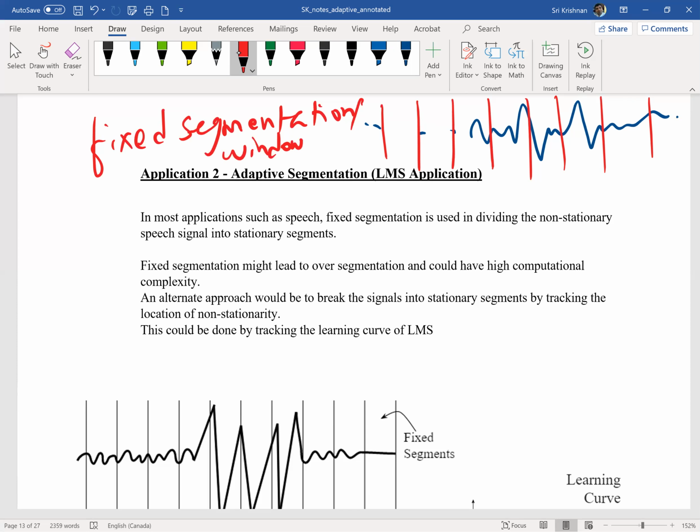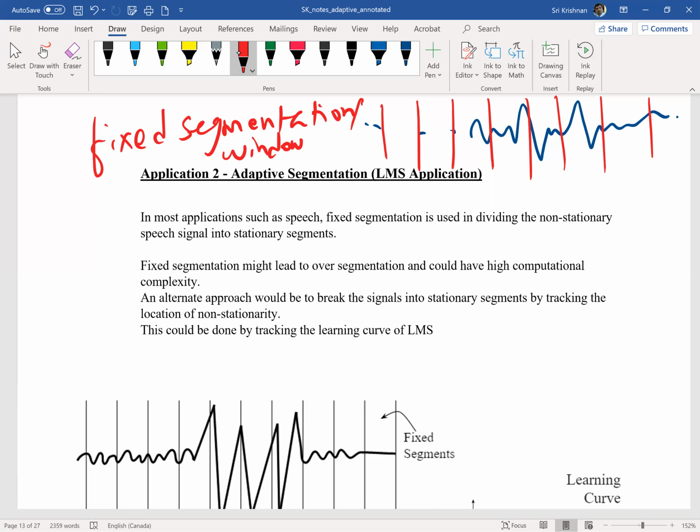It's possible that in a biomedical signal, the characteristics of the signal are not changing rapidly, for example, in sleep or even in longer term ECG monitoring, there may not be a lot of events of interest happening on a very frequent basis. So with fixed segmentation, you're basically overdoing the task. You're over-segmenting and getting more resources involved.